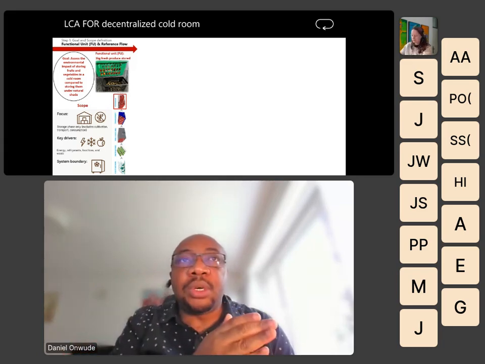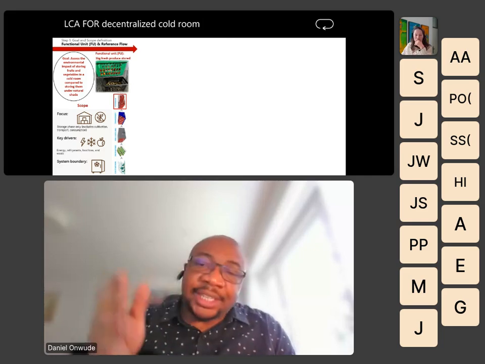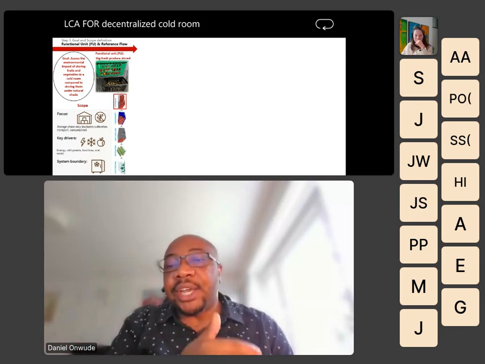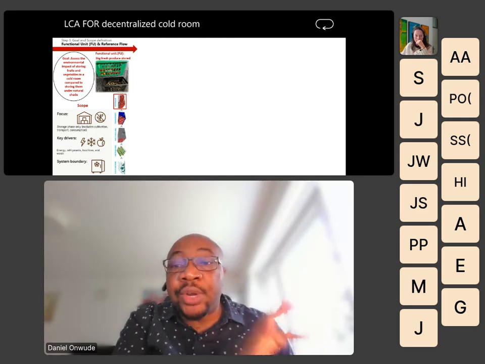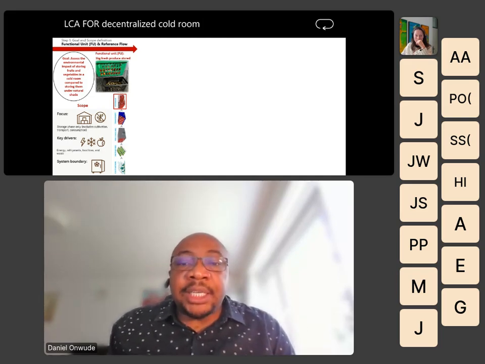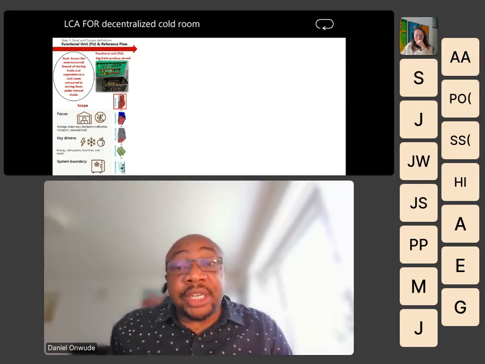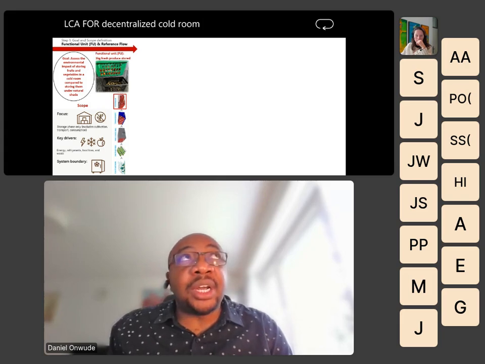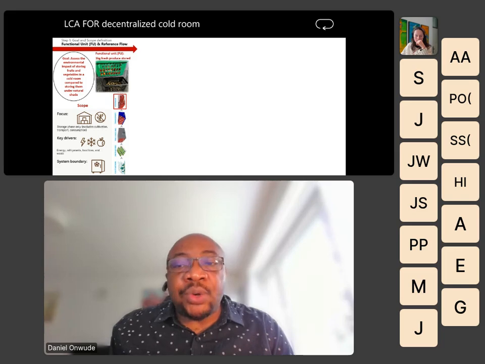So in order to avoid data bias and how data could affect the results, we focus only on the storage phase. And the key drivers we considered were energy use, refrigerant, food loss, and waste, with the system boundary defined as around only the cold storage unit.